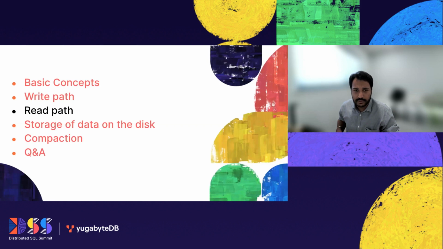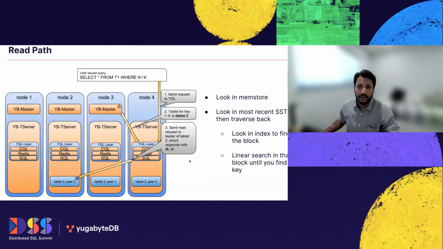Let's move on and see how the read works in Yugabyte. This is just a different representation of a Yugabyte database cluster. Consider you have 4 nodes, and out of the 4 nodes in the cluster, you have the YB master process running on 3 nodes.